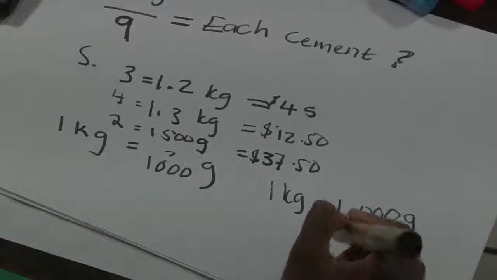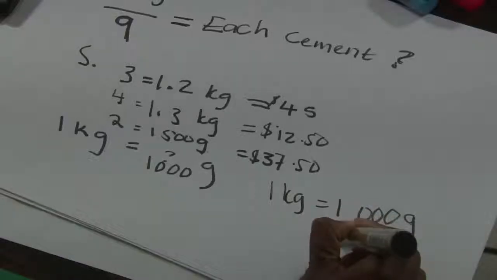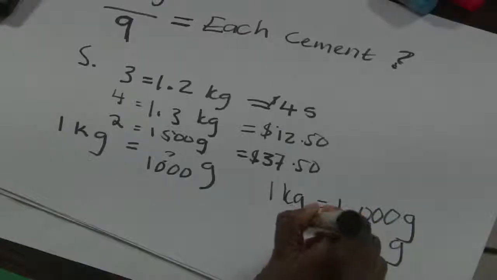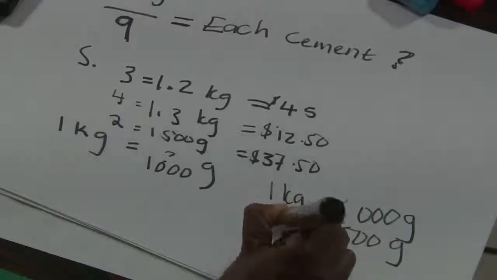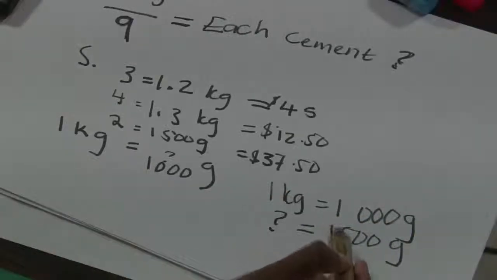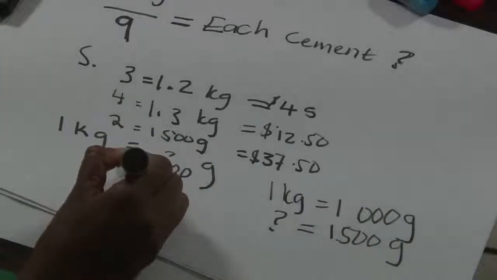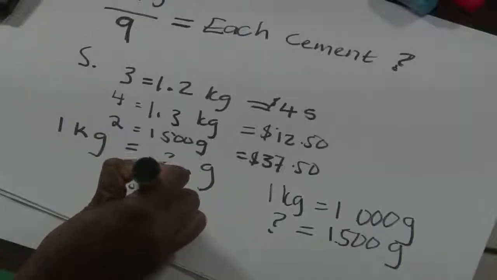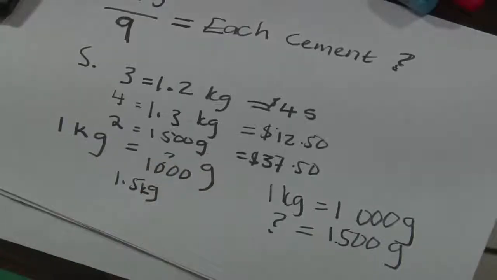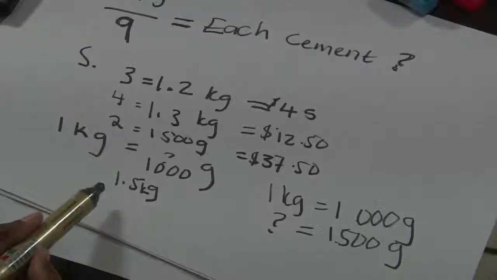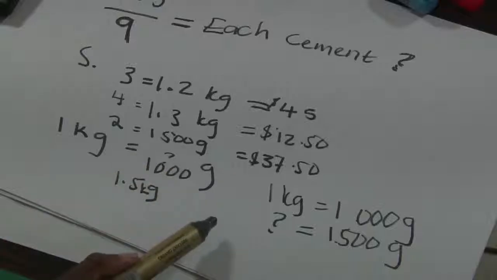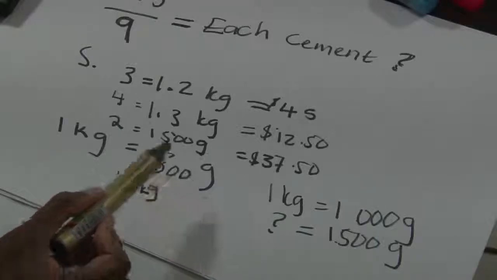So 1,500 grams is equal to how many kilograms? You divide this by this one, and then you get 1.5 kilograms. That will be your answer, because you divide 1,500 by how many grams are in a kilogram.